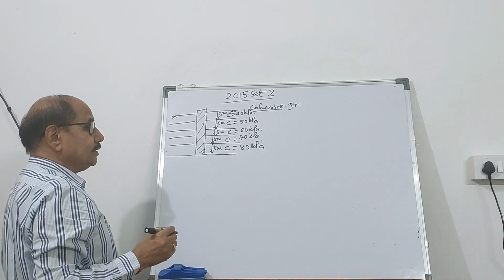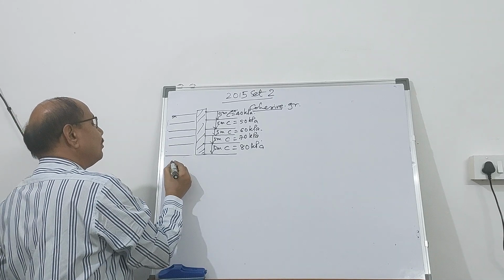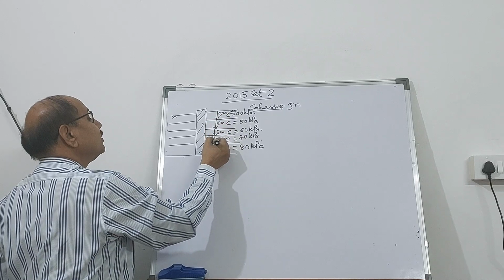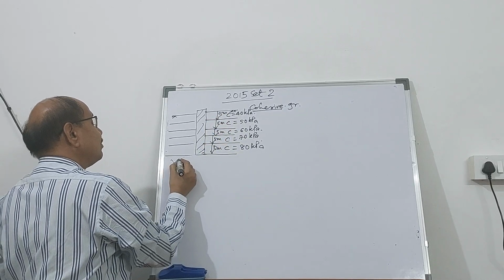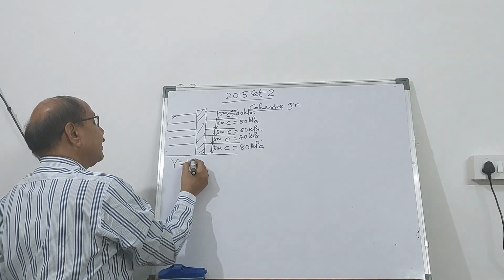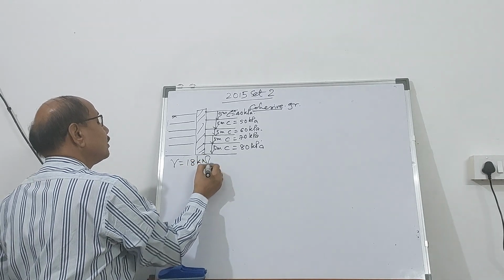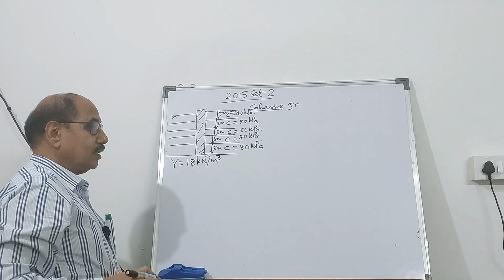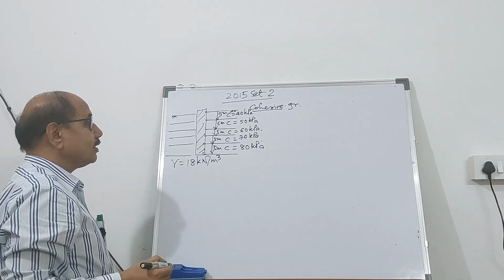And the unit weight, gamma, so total length is going to be 10, 15, 20, 25. Gamma equal to 18 kilonewton per cubic meter throughout.